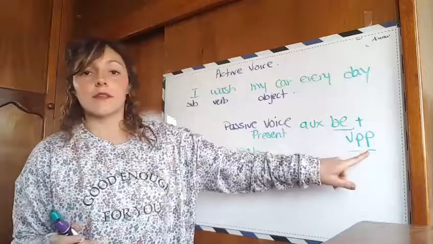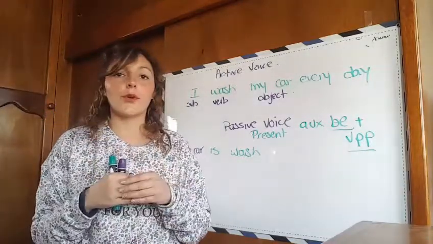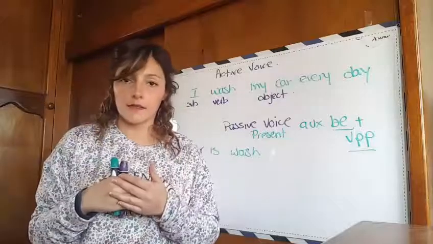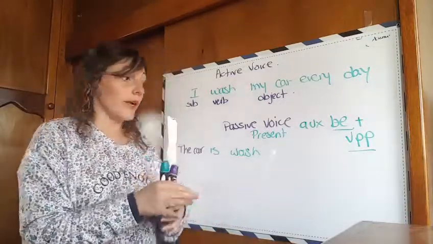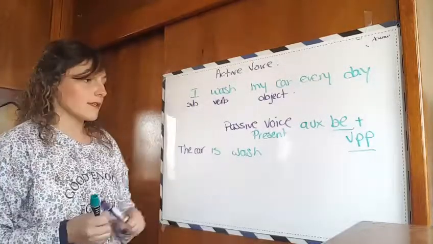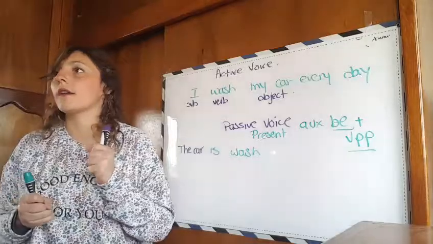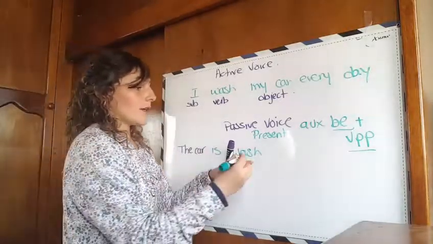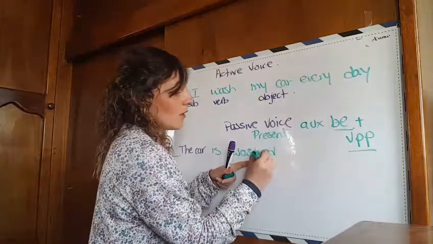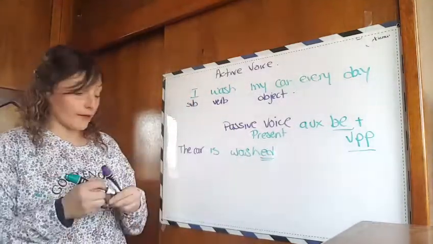The verb in past participle is the third column in your lists of verbs. We have the present, the past, and the past participle, right? For regular verbs like wash, like visit, like decide, like help, the past participle is only with ed, right? Because this is a regular verb.